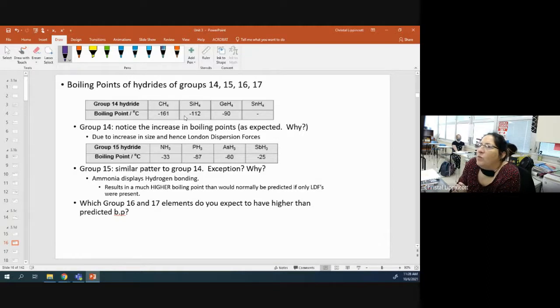Now, if we look at this and instead of having these group 14, we move to group 15: NH3, PH3, AsH3, and SbH3. As we move along here with these guys, our boiling point is going to increase.